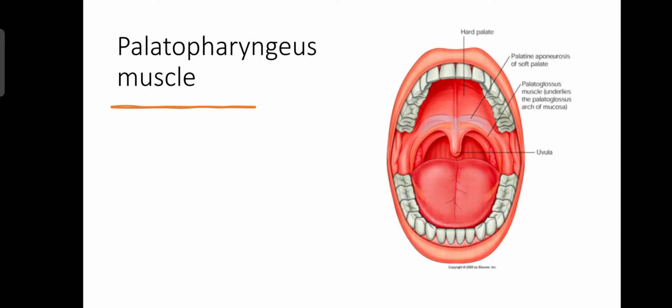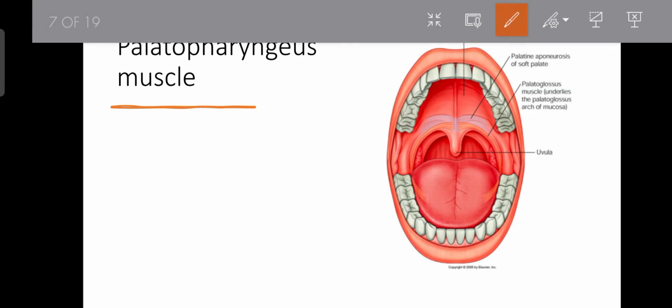I want to tell you some important information about the palatopharyngeus muscle. We see here the palatine tonsils. Behind them, we can find this arch, which is the palatopharyngeal arch. It's mainly formed by the palatopharyngeus muscle, but anterior to the tonsil we can find the palatoglossus muscle of the tongue.